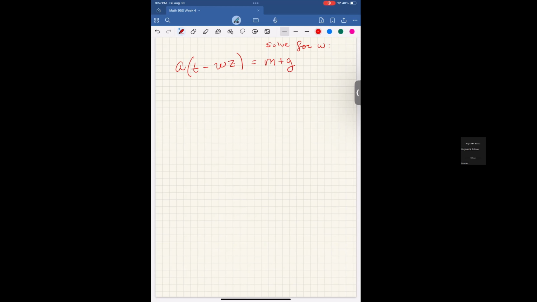On the one hand, you can treat this setup as it exists, where you pretend this t minus wz is just some unknown value x multiplied with a. And if you did that, considering that you want to get w by itself, because that's the goal, we're trying to solve for w, we need to remove the a term. And because a is being multiplied with this x, you would use the multiplicative inverse of a on both sides.